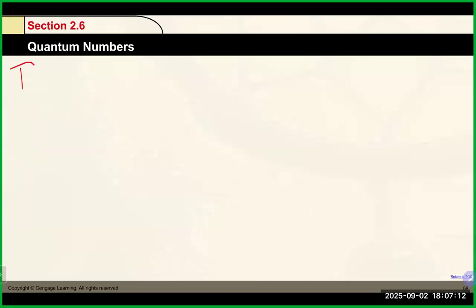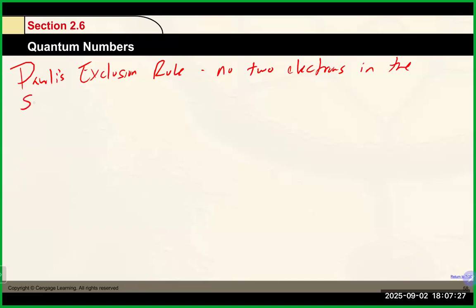There is a rule that we want to follow, which is known as Pauli's exclusion rule. Basically, Pauli's exclusion rule says that no two electrons in the same orbital can have the same four quantum numbers.